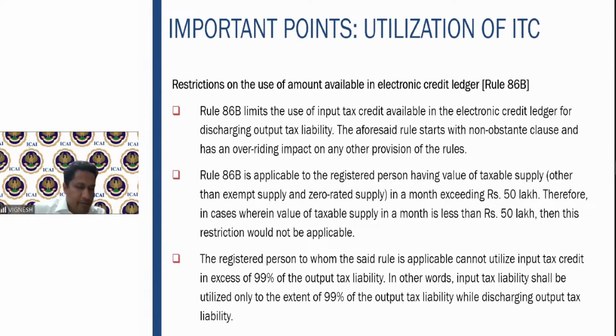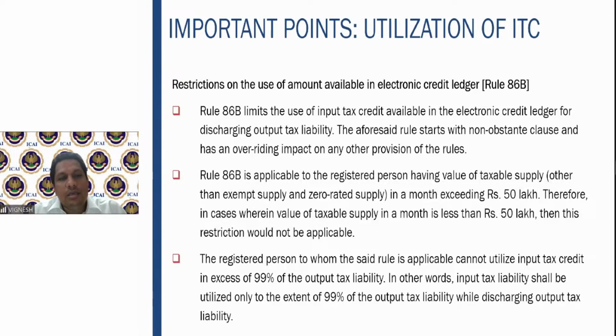But over a period of time, a lot of businessmen have started claiming fraudulent ITC on the basis of fraudulent invoices. So therefore, the government said, wherever the taxable supply exceeds rupees 50 lakhs, then this particular restriction should be applicable.